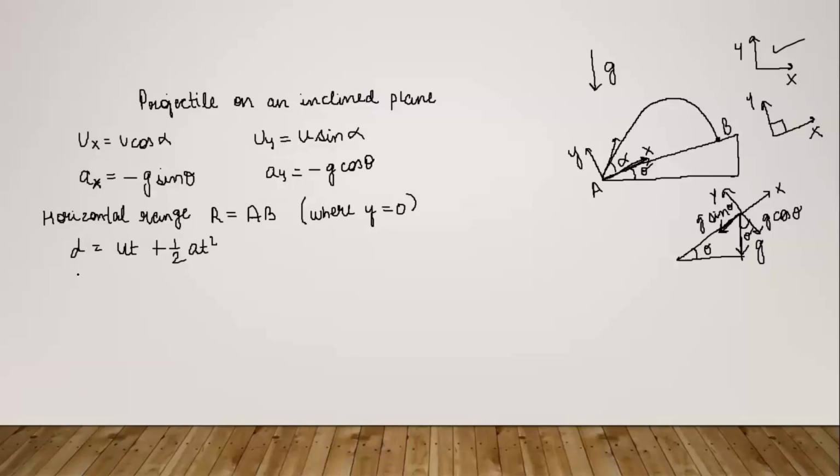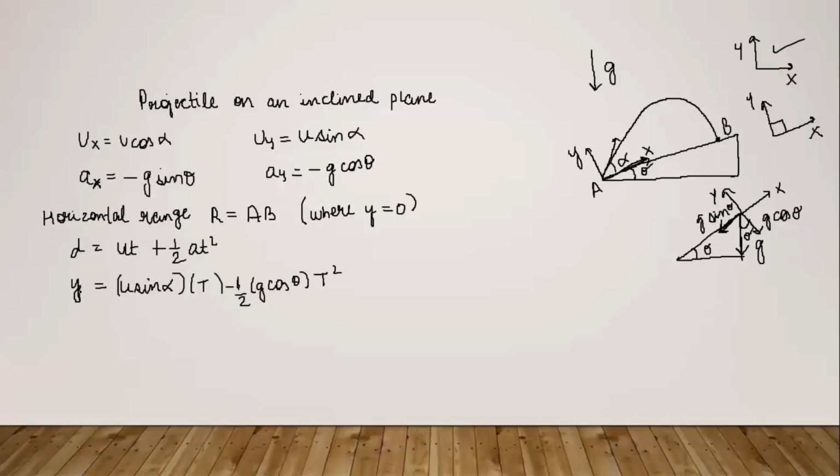If we write this equation for the y direction, we will get y is equal to uy, which is u sine alpha, into T, the time of flight that we had denoted by capital T, and acceleration AY is minus G cos of theta, so we get minus half G cos of theta and again capital T square.